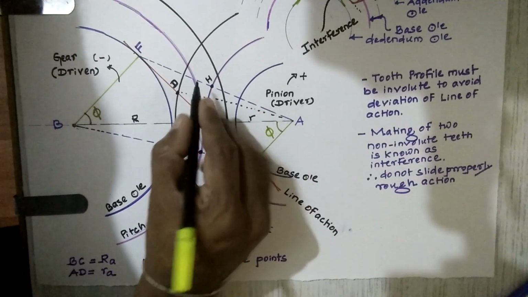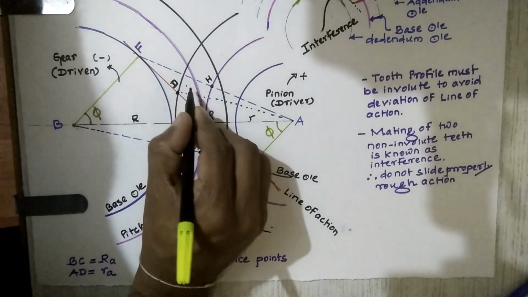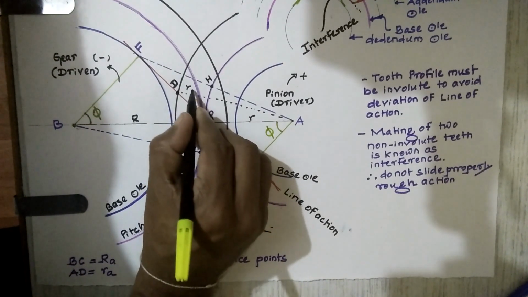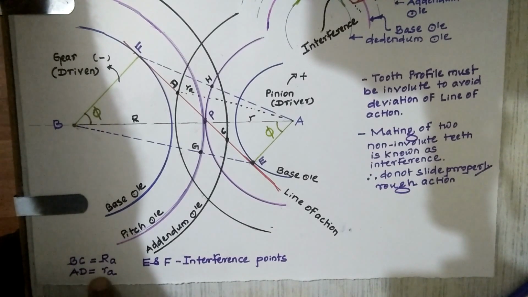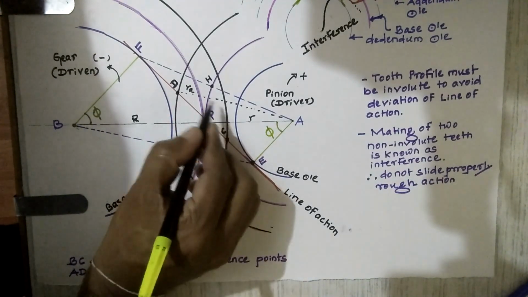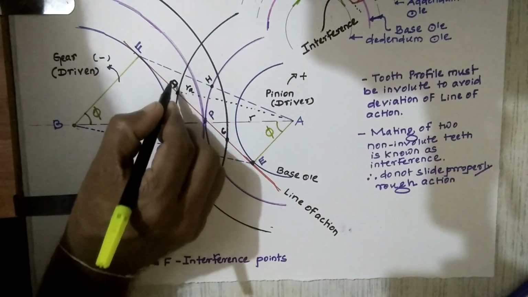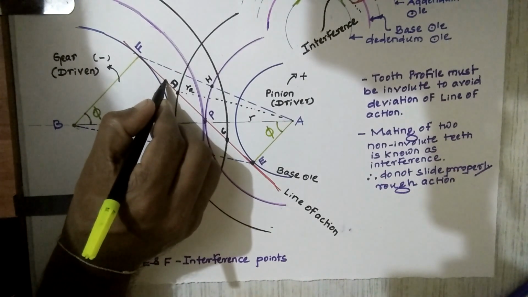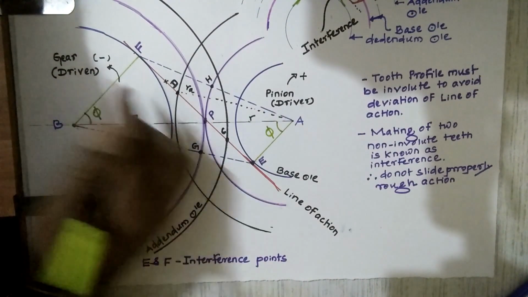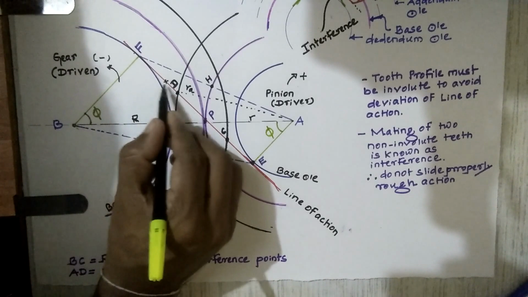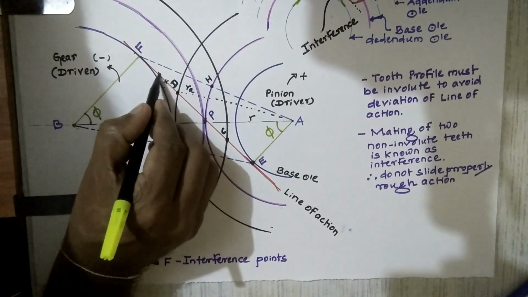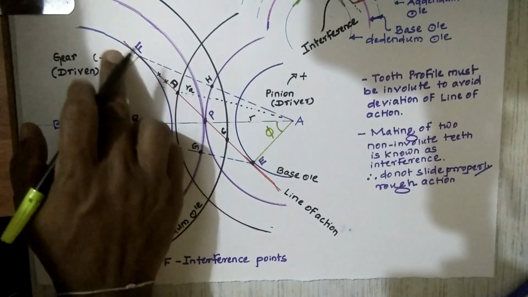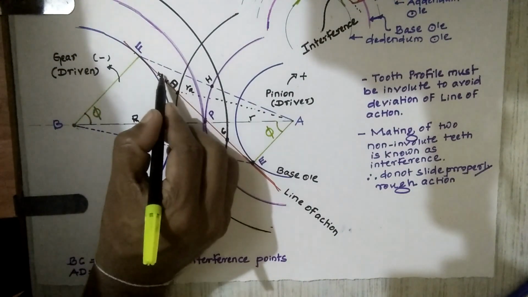This is the small RA, addendum radius, AD. If you shift the point D on the line of action, if it comes to this one, it is above the base circle of the wheel. Interference will not occur. If you shift here, still interference will not occur.